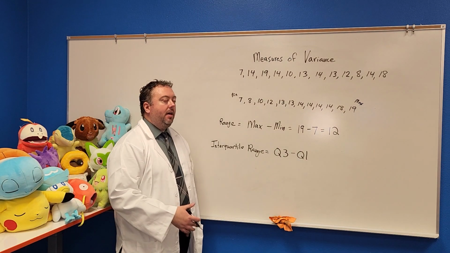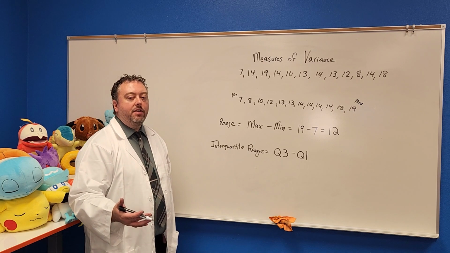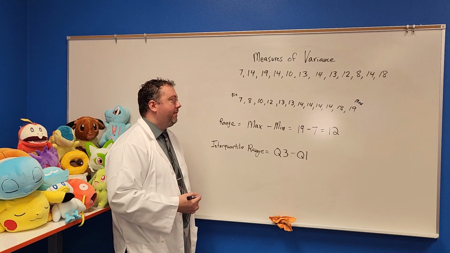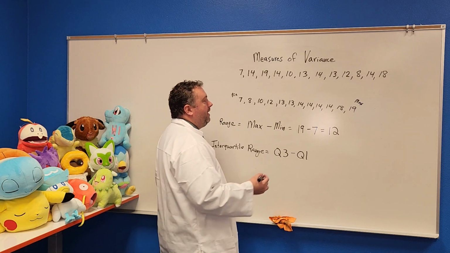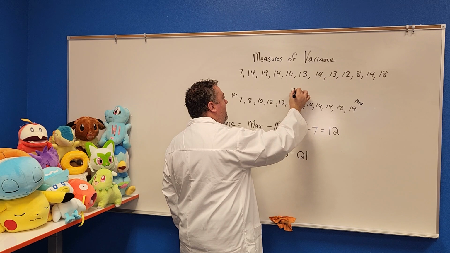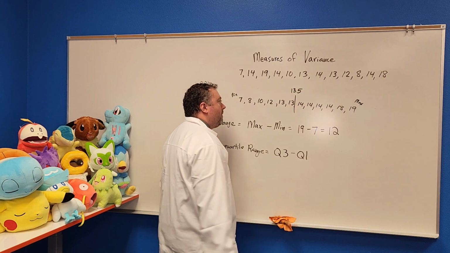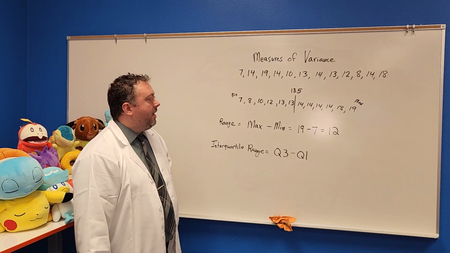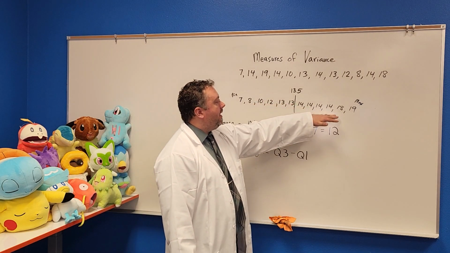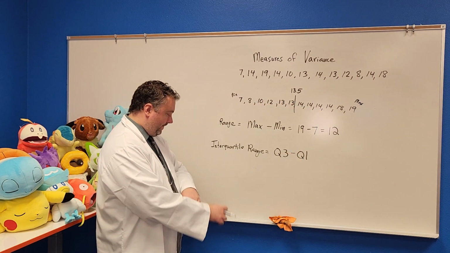The third quartile is the median of the upper half of your data, and the first quartile is the median of the lower half of your data. So if we think back to the last video, we figured out that our median was right here at 13.5. So that cut our data in half. We have a lower half here and an upper half up here.